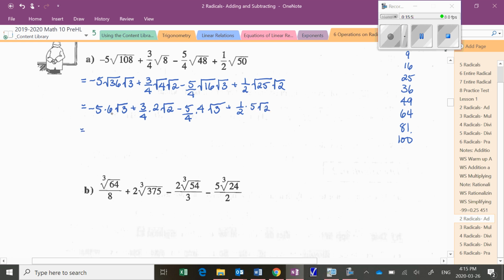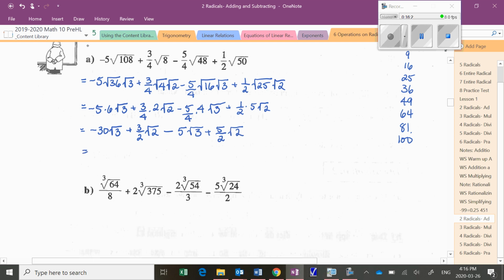So then negative 5 times 6 is negative 30 root 3, and 3/4 times 2 is going to be 3/2, or 6/4, which is the same as 3/2 root 2, minus, and 5/4 times 4 is simply 5 root 3, and then plus 5/2, because that's 5/1 of course, root 2.